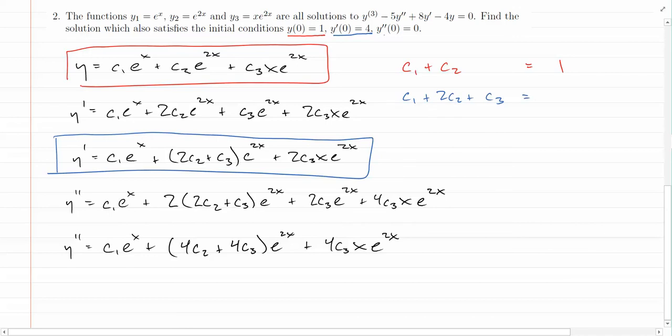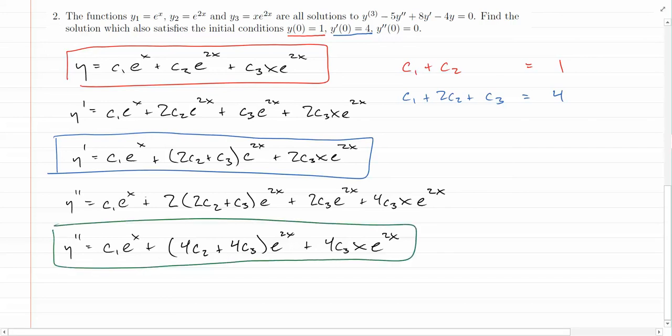That's going to be equal to 4. Okay, and then finally we're going to look at y double prime, along with the fact that y double prime of 0 should be 0. So that's going to tell me that c1 plus 4c2 plus 4c3 has got to be equal to 0.